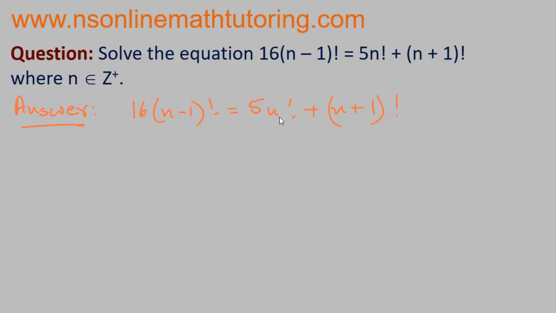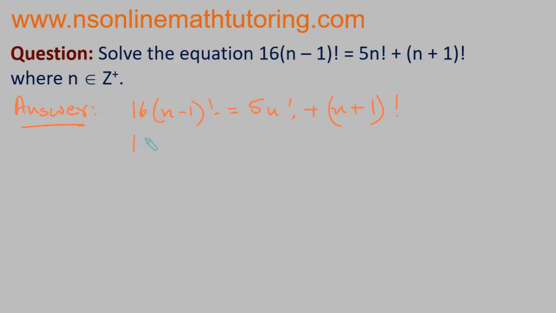So we will be expressing n factorial and (n plus 1) factorial in terms of (n minus 1) factorial. Always, in case you have to solve an equation containing factorials and you don't have any denominator as such, then you express the other numbers' factorials in terms of the smallest number's factorial. Okay?